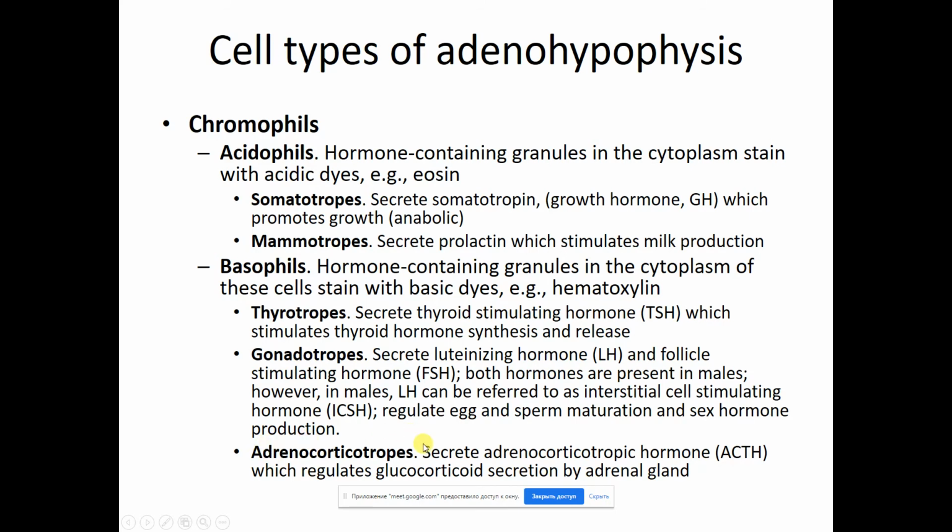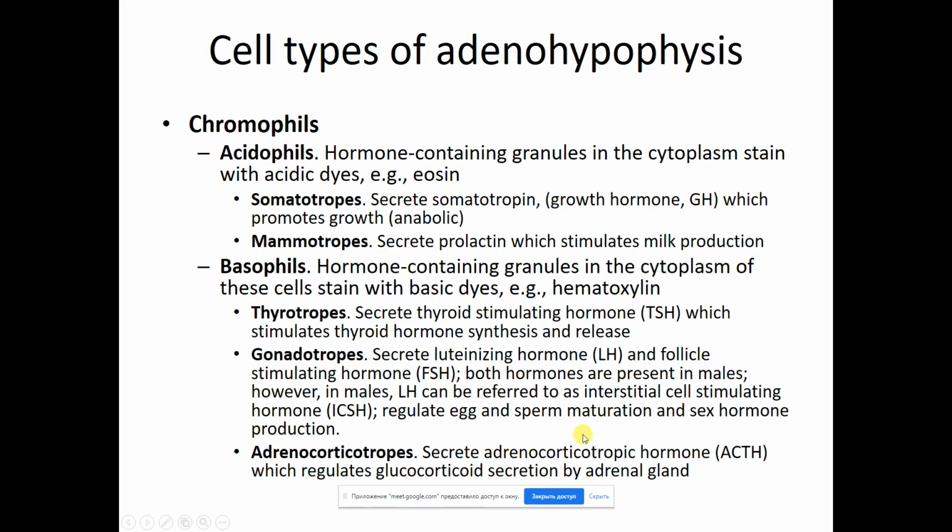Then adrenocorticotropes. As the name implies, they are responsible for adrenocorticotropic hormone release. Adrena, adren, is above the kidney. Ren is a Greek word for kidney. Cortico, cortex; tropic, feeds.